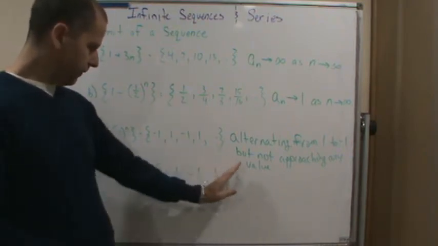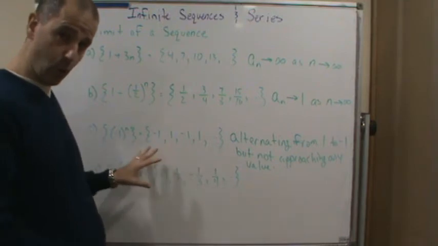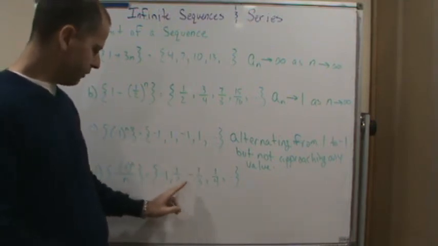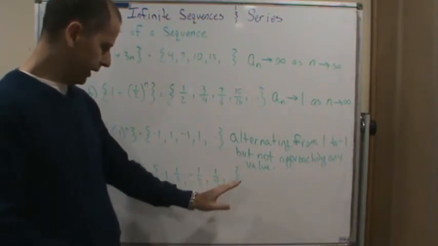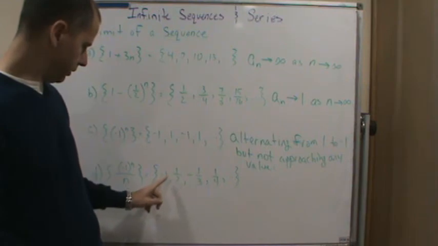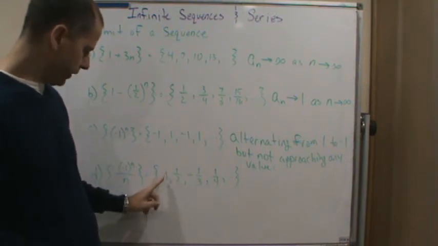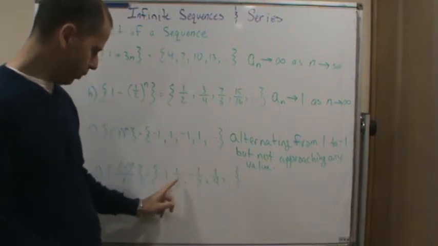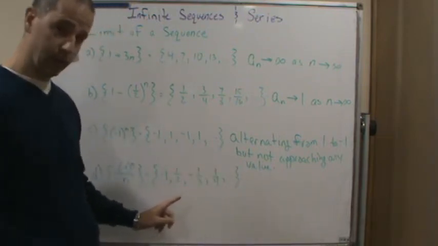If you ignore the negative signs for a moment, the numerators stay 1 and the denominators get bigger.